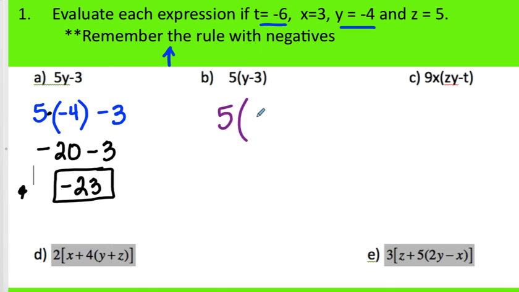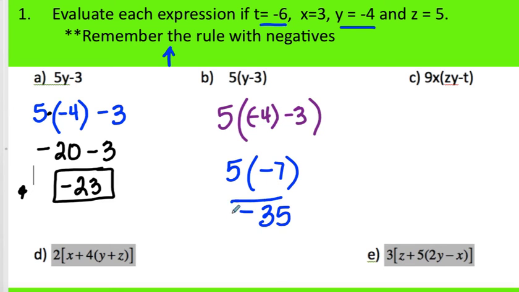Now I'm going to have double sets of parentheses because I have negative 4 minus 3. All right, well, negative 4 minus 3 gives me negative 7. Okay, be careful. This isn't multiplication. Remember, this is subtraction. And then 5 times negative 7 gives me negative 35.